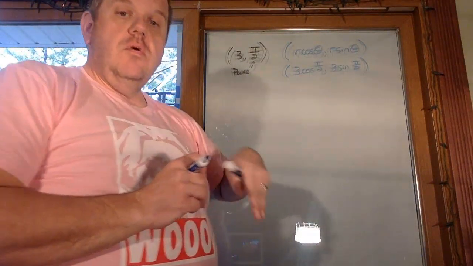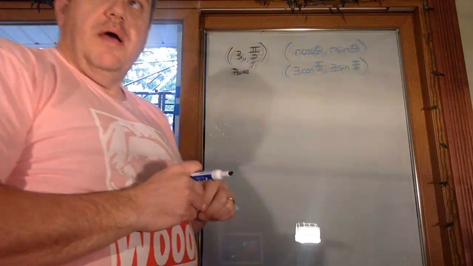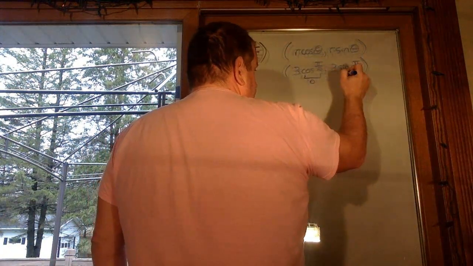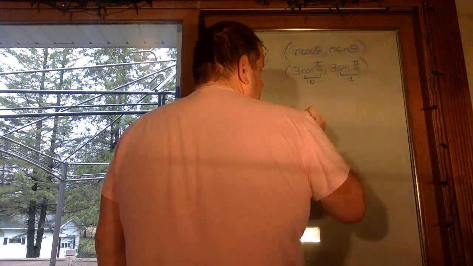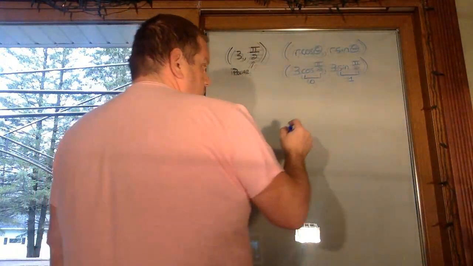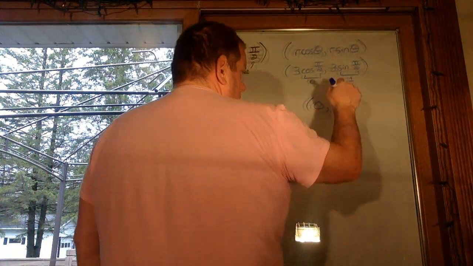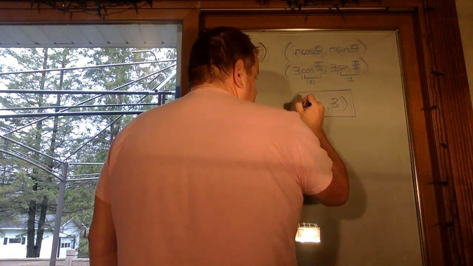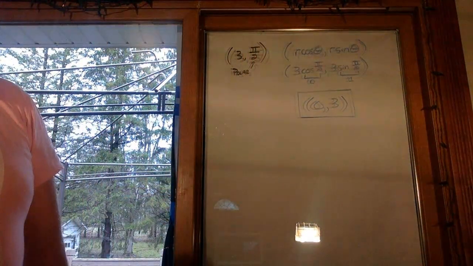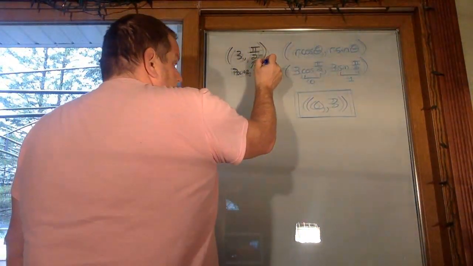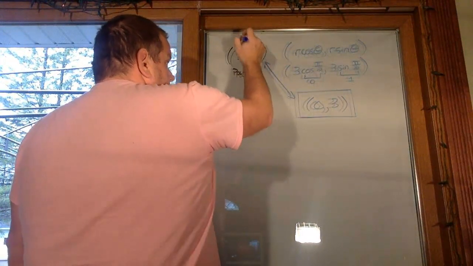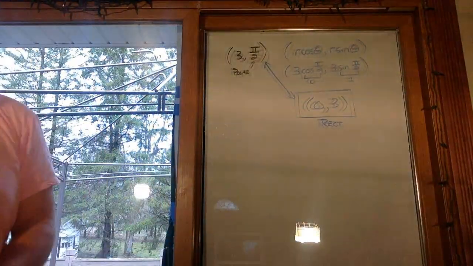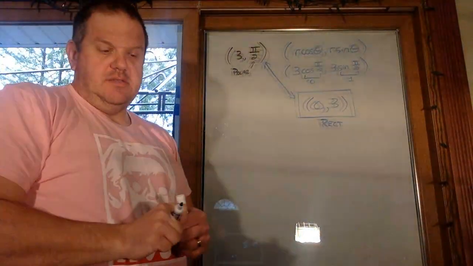But pi over 2, that's 90 degrees, that's straight up on the unit circle, so cosine is equal to 0, and sine is equal to 1. So 3 times 0 is 0. 3 times 1 is 3. So my answer is the rectangular point 0, 3. These two, this polar one and this rectangular one, would get me to the exact same spot in space.